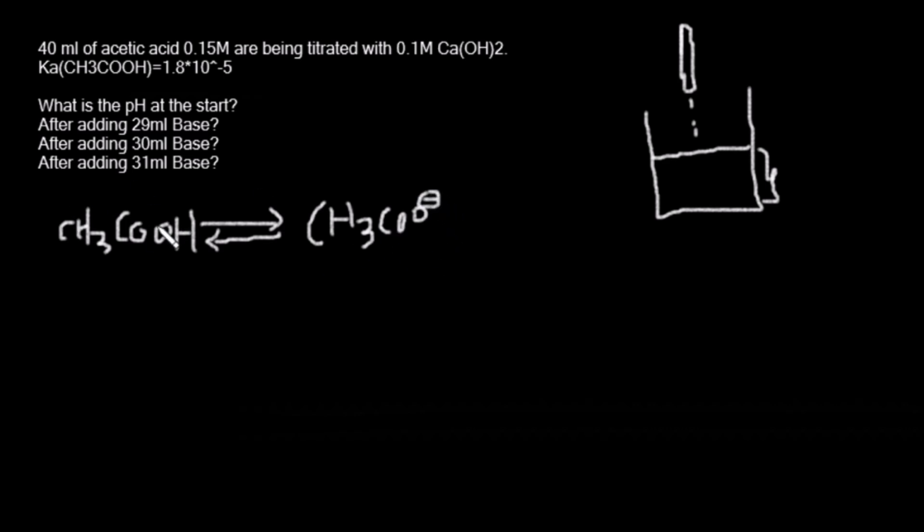This salt of a weak acid is basic, so this is the basic salt and the hydrogen. We always deal in equilibrium with concentration, not moles. So the concentration is 0.15 at the beginning, and of course, before it dissociates, we have 0 molar of the ions.